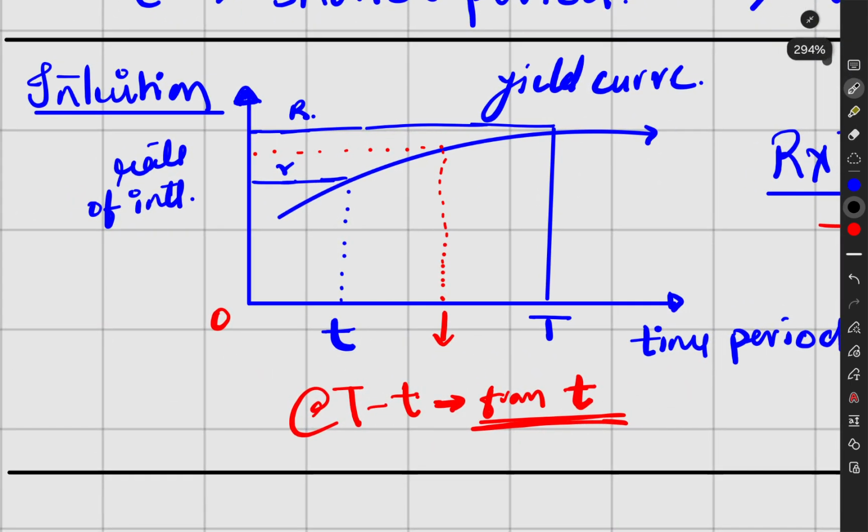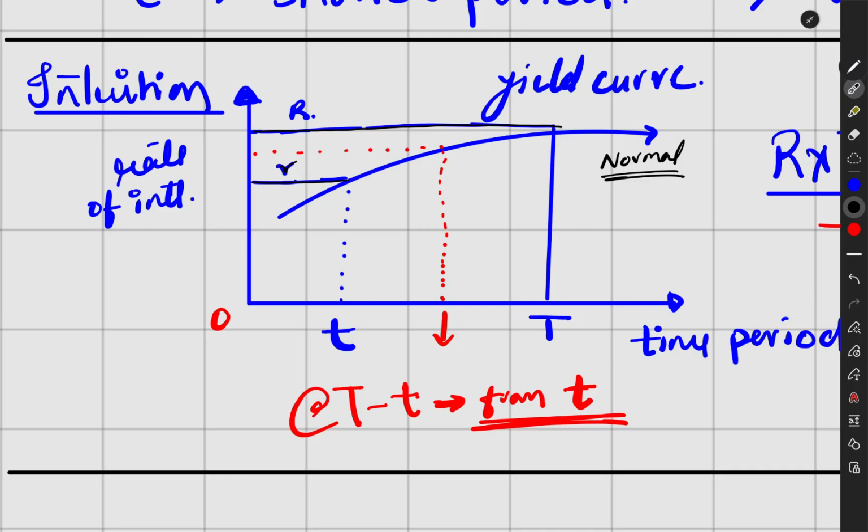Let us look at the yield curve. Let's just say you have a normal, upward sloping yield curve. And there is interest rate R, that's capital R, for the longer maturity T, and interest rate small r for the shorter maturity t. You know the two rates.